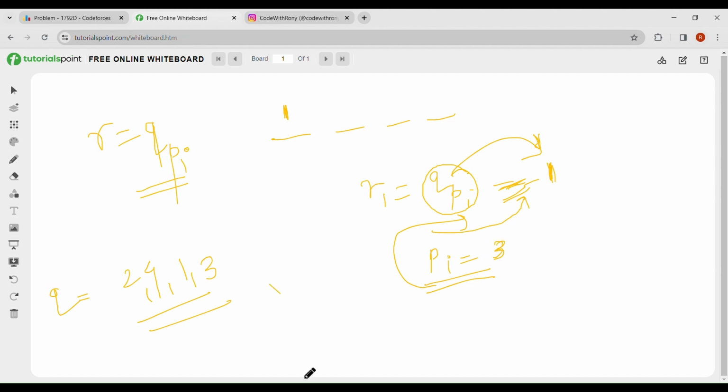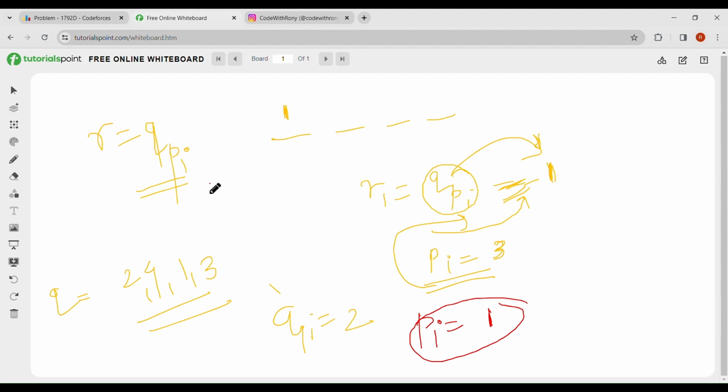Similarly, when q of pi will give 2, when the pi value equals 1. So from that we get to know that the position of that value itself gives the respective values.